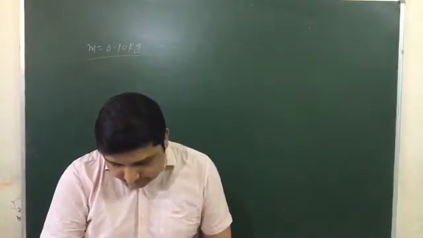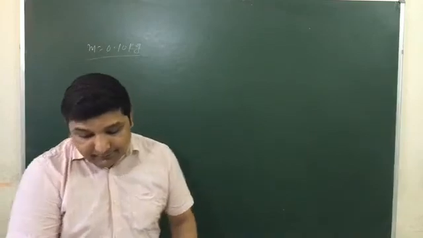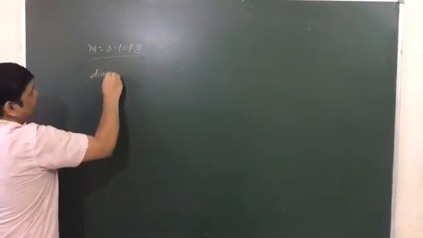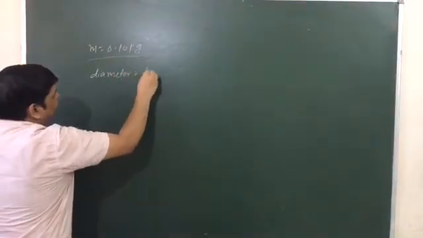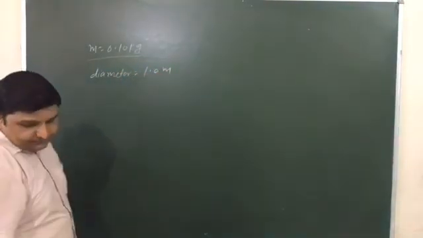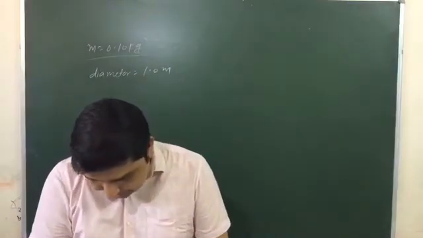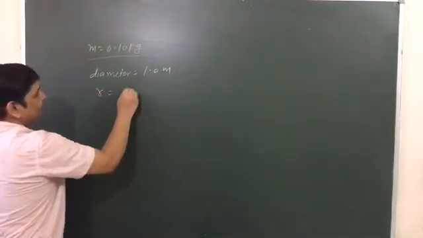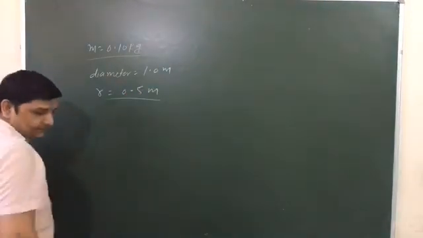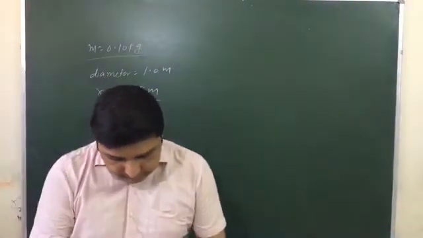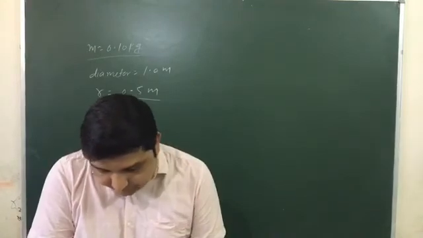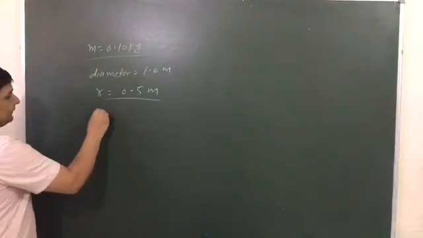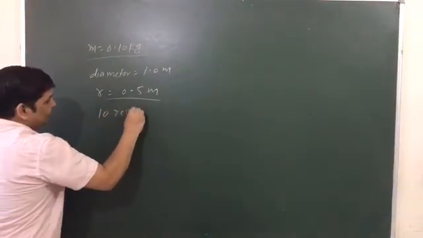Then radius. Diameter is given, diameter is 1.0 meter. It means radius will be equal to 0.5 meters. Next, it performs 10 revolutions in 31.4 seconds.